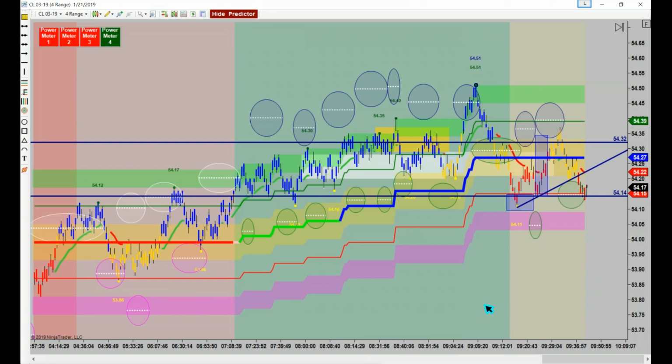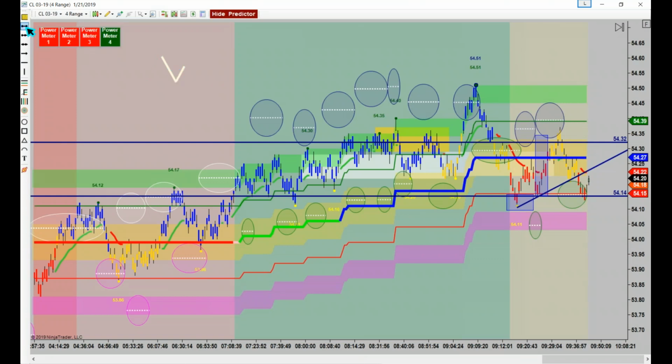What's a Gartley, Steve? A Gartley's more of a, instead of an ABC will usually do something like this. You'll get the A, you'll get the B. This is a short one, by the way.